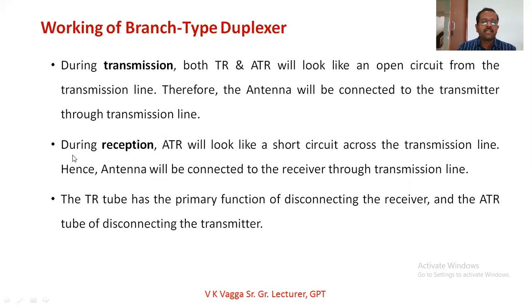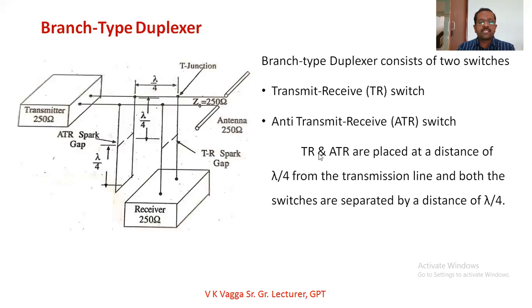In the same way, during reception, ATR looks like a short circuit across the transmission line. Hence the antenna is connected to the receiver through the transmission line. If the signal is to be received, the antenna is connected with TR for the receiver.